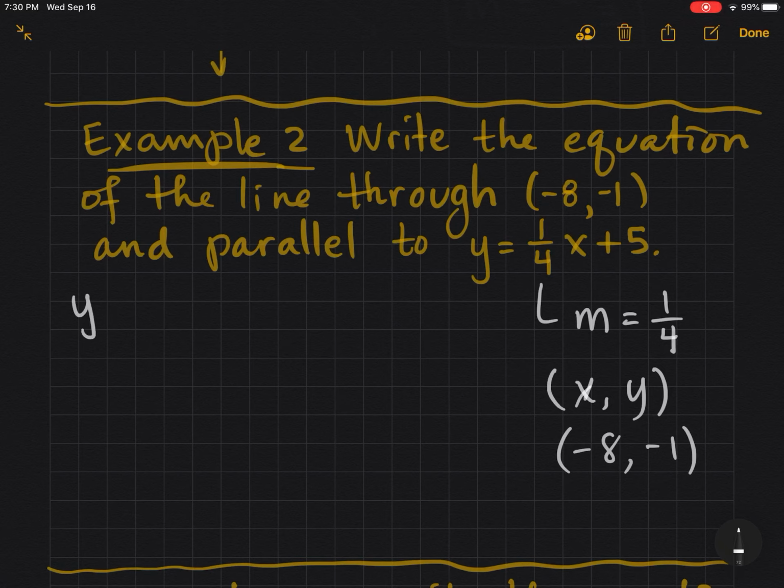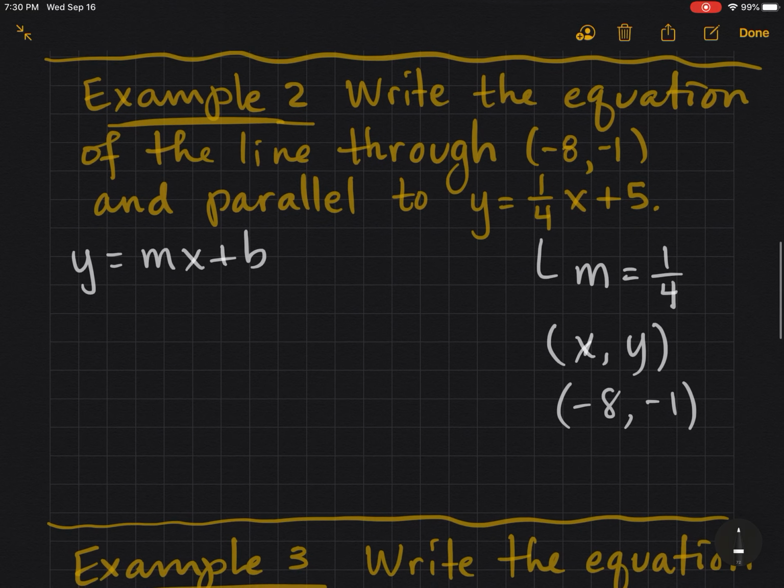So now I can use y equals mx plus b. There's also a point-slope form that I'll show you as well. But for today, we'll just stick with slope-intercept.